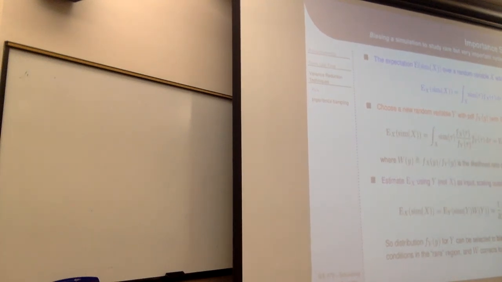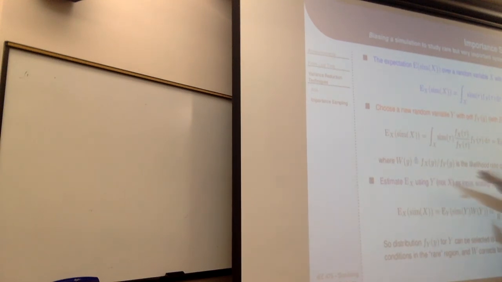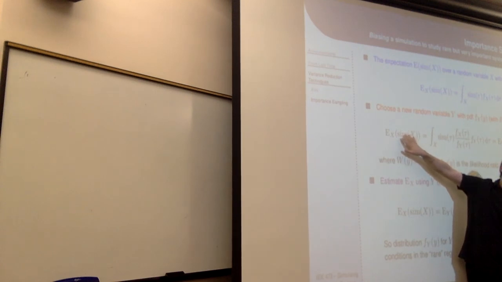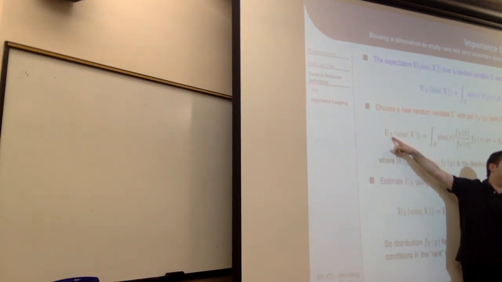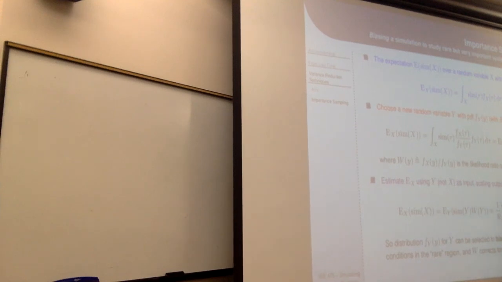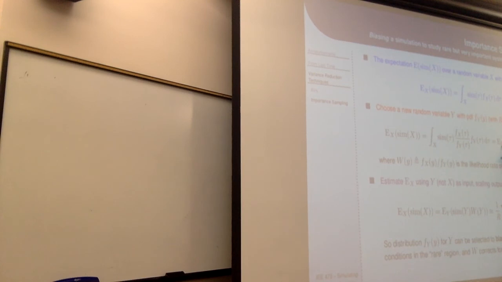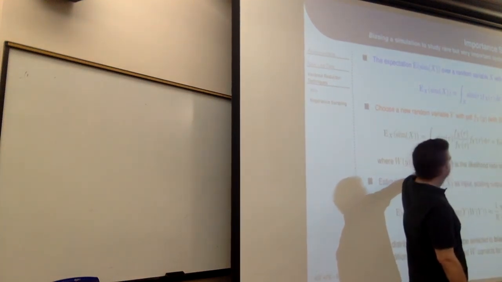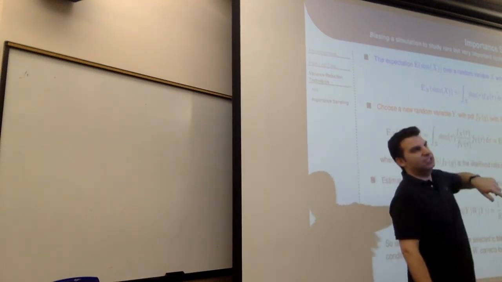That allows me to say, well, instead of calculating the expected number of failure events under normal conditions, I can alternatively calculate the expected number of failure events under really bad conditions, but then multiply by a special ratio we call the likelihood ratio. That likelihood ratio is just the PDF of the normal conditions divided by the PDF of the abnormal conditions.